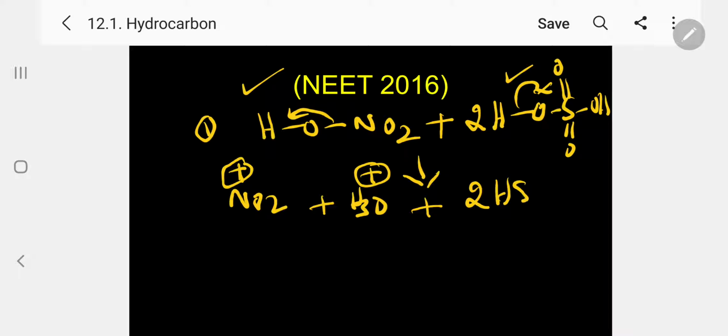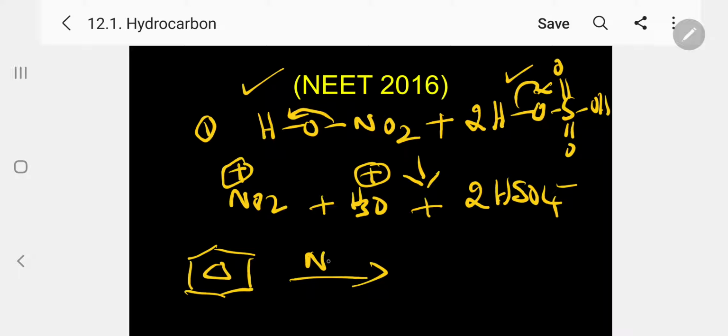Please follow. Out of these, when you treat with benzene, the powerful attacking reagent is the electrophile NO2 plus, because it attacks the benzene to produce nitrobenzene. Please follow, this is the reaction.